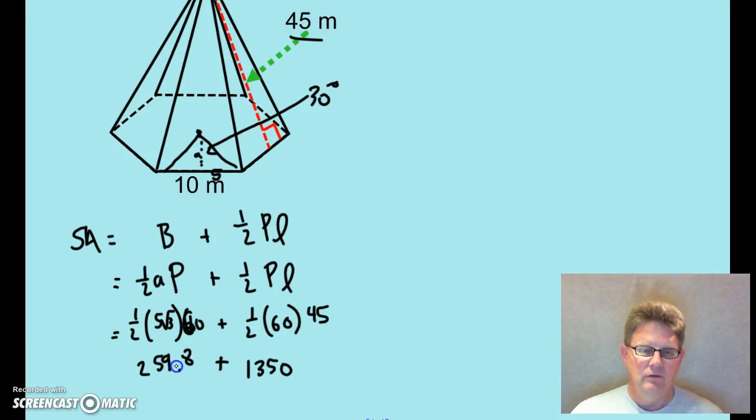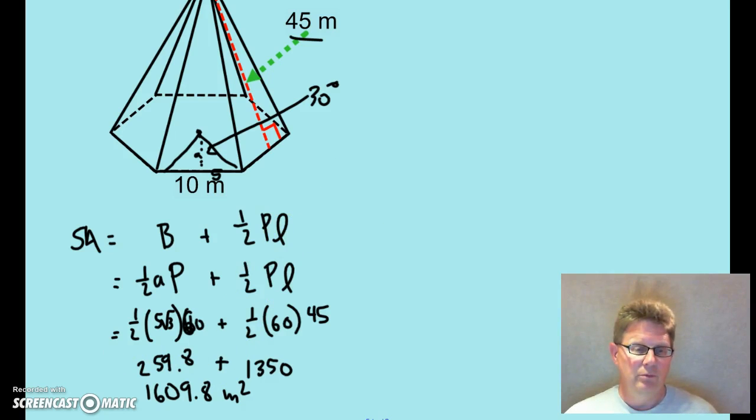And we're going to add those together and get 1,609.8 meters squared. And that's how you find the surface area of a pyramid.